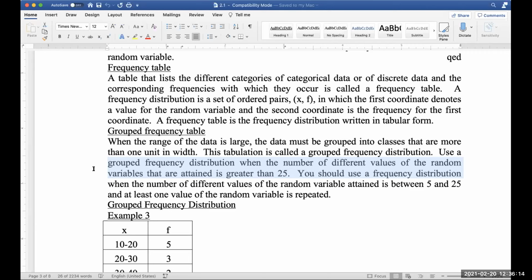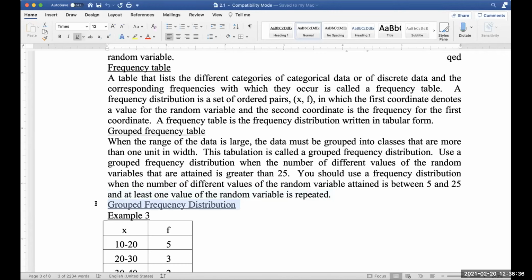You should use a frequency distribution when the number of differing values that the random variable can attain is between 5 and 25, and at least one value of the random variable is repeated.